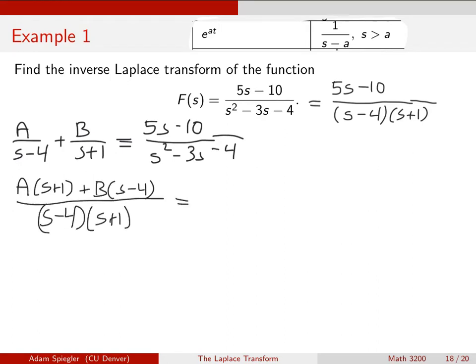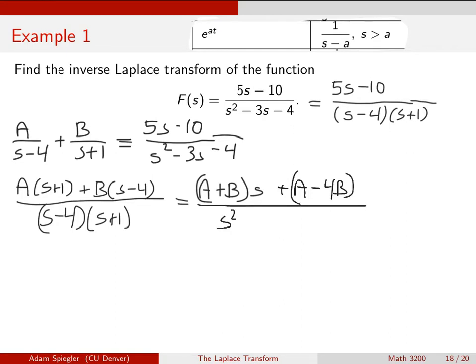And then we can group our terms. We have an (A + B) being multiplied by s, and the constant terms give me A - 4B. And all of that is now over s² - 3s - 4.